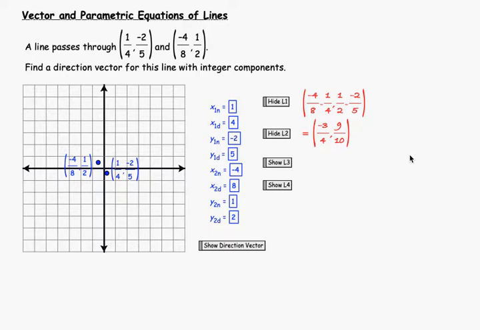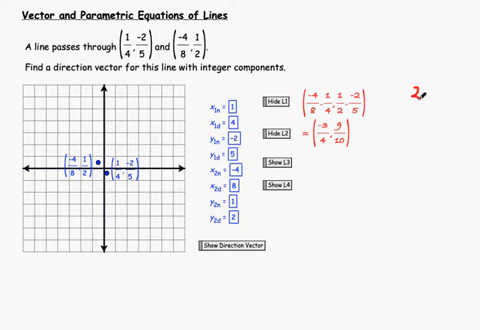And we know any scalar multiple of this particular vector will still be parallel to it. So what do I want to do? Well, the first thing I want to think about is a common denominator. A 3 could come out of those two.